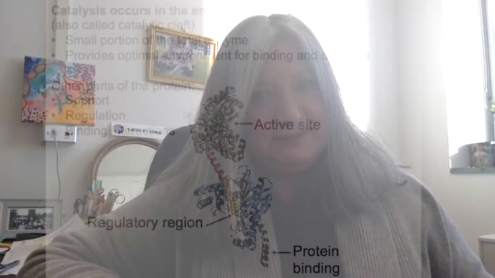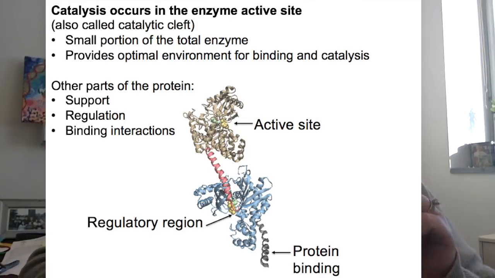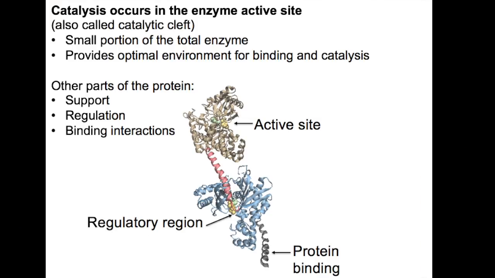These are some characteristics of the enzyme active site. It's a three-dimensional cleft or crevice within the enzyme. It provides an optimal microenvironment for the reaction to take place. The enzyme active site is only a small portion of the total enzyme that provides an optimal environment for substrate binding and catalysis.